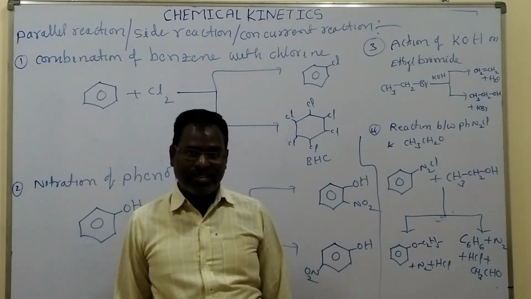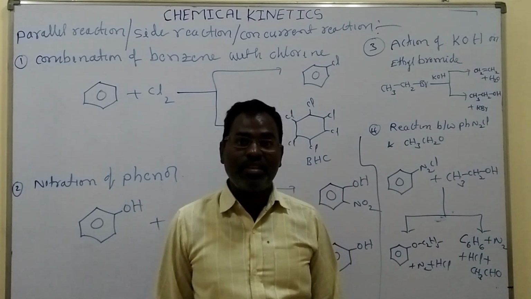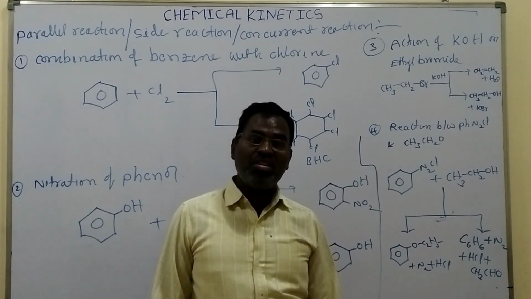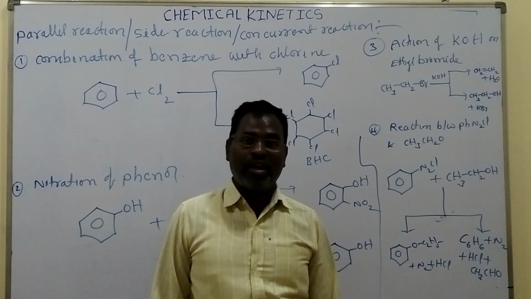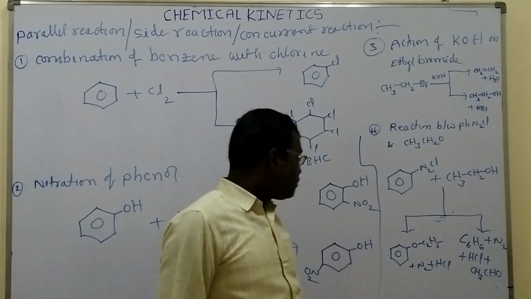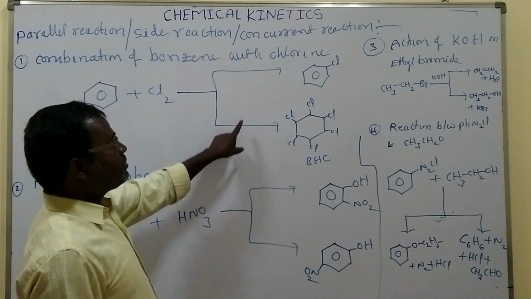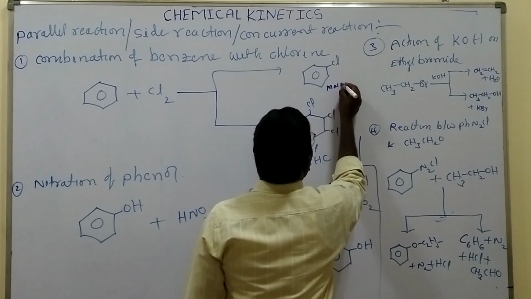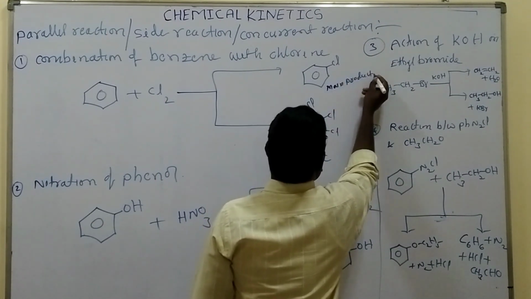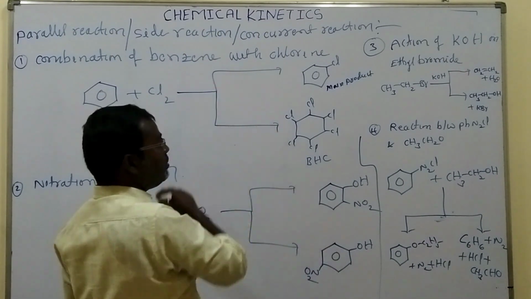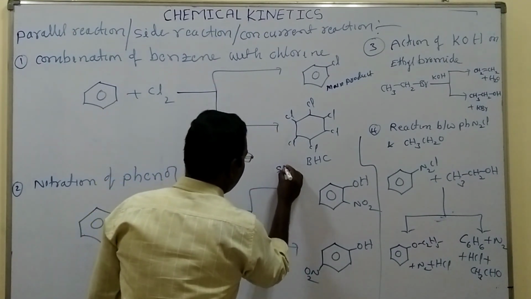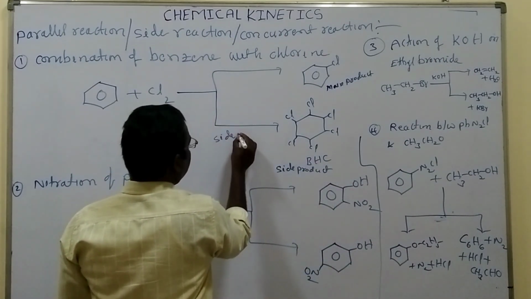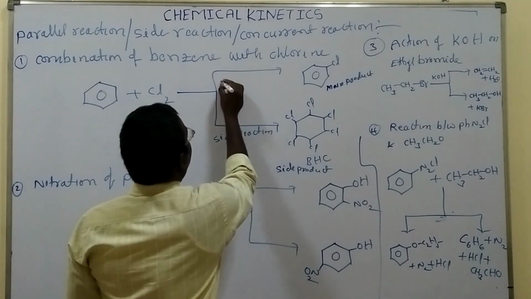In parallel reactions, the reaction which utilizes the major portion of the reactant is called the major reaction or main reaction, whereas the other is called the side reaction. If you take the first reaction, this is the main product and the major reaction, whereas this is the side product because it is the side reaction.